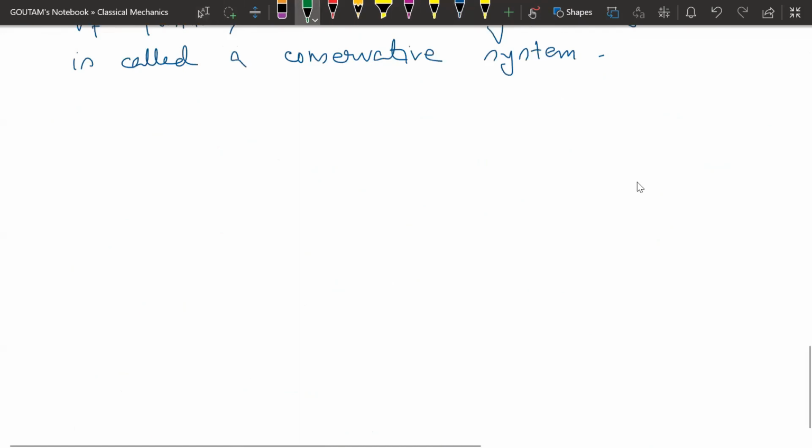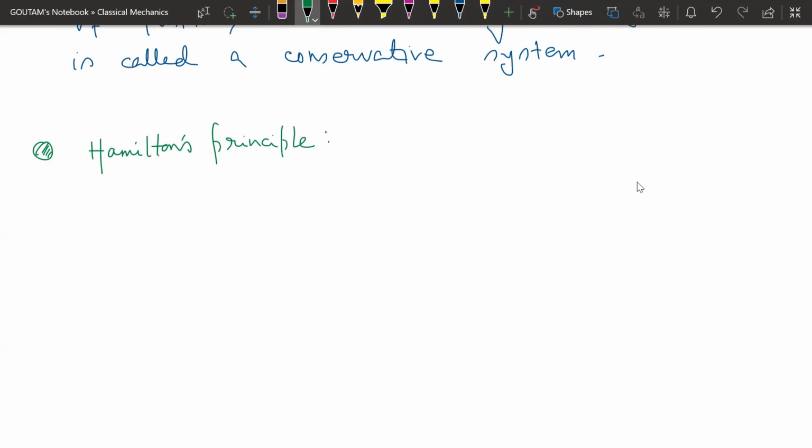So let's define this. Hamilton's principle for monogenic systems.